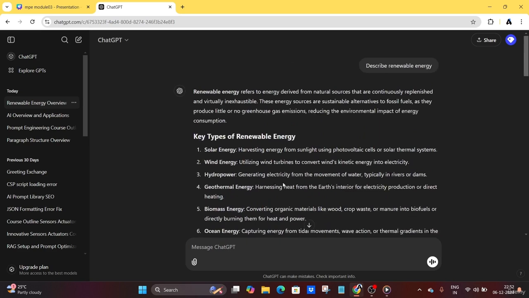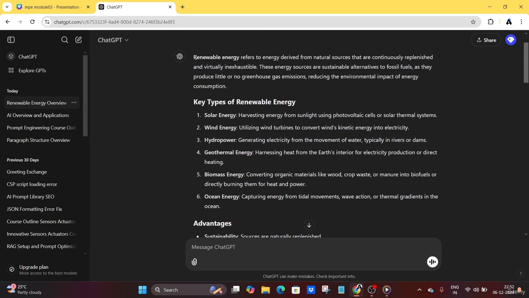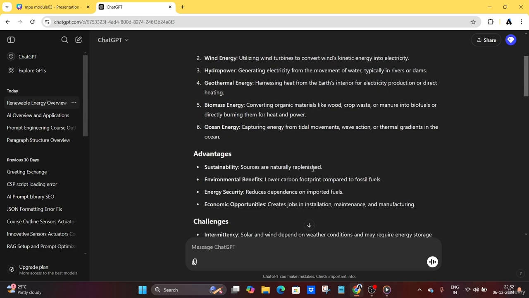So you can see I just wrote a simple prompt. After that I analyzed it. This output is better, but I could not understand it, so I identified the gap. What is the gap? I didn't understand the two words, replenished and inexhaustible, because I am a beginner.